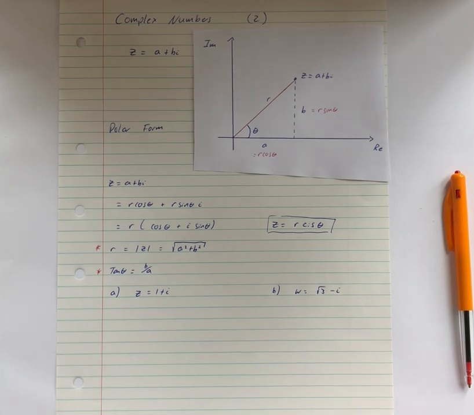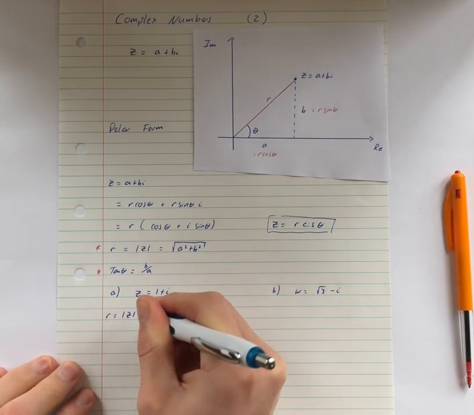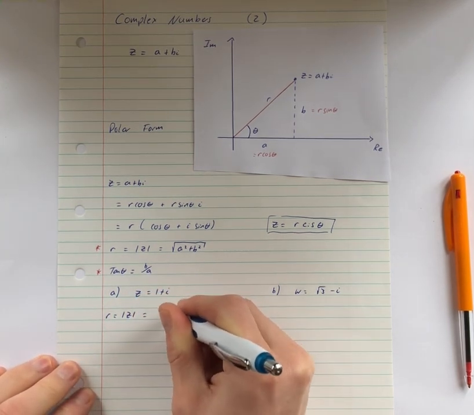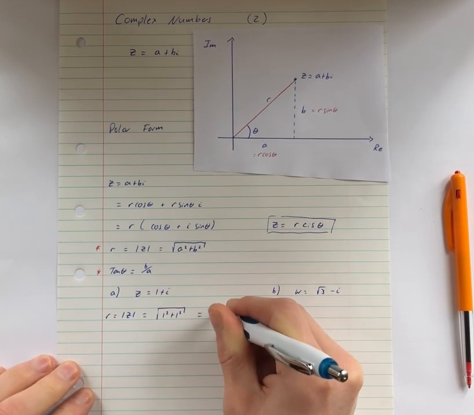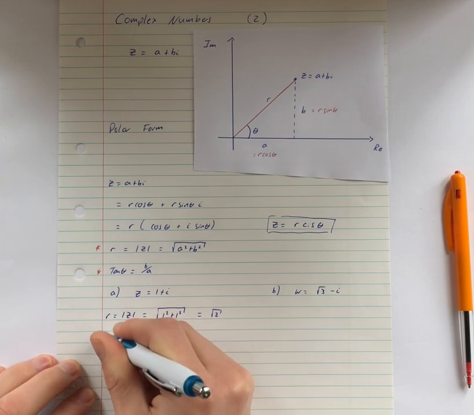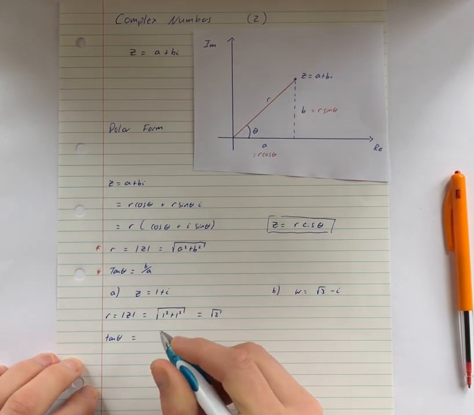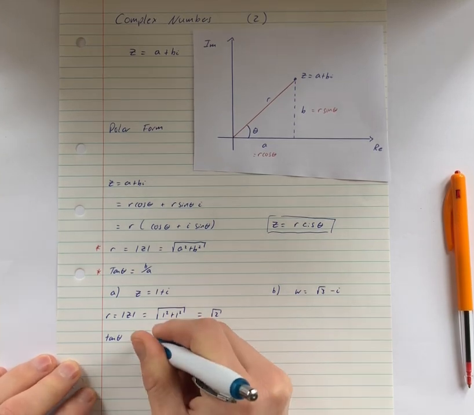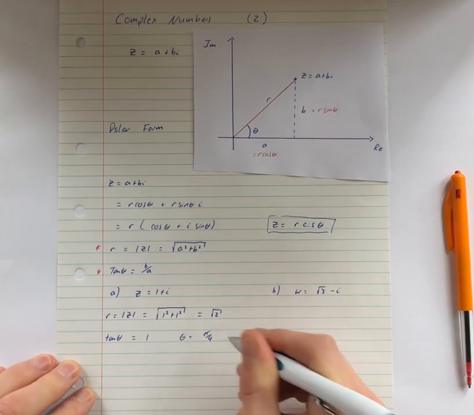Okay, well, R is the modulus of z, which is 1 squared plus 1 squared all square rooted, so root 2. And tan theta is b over a, or 1. And so theta is pi on 4.